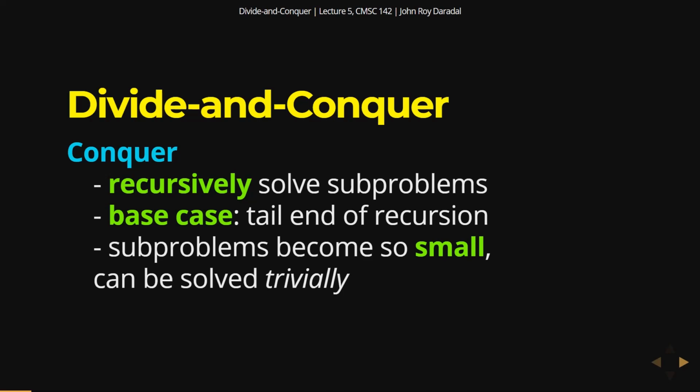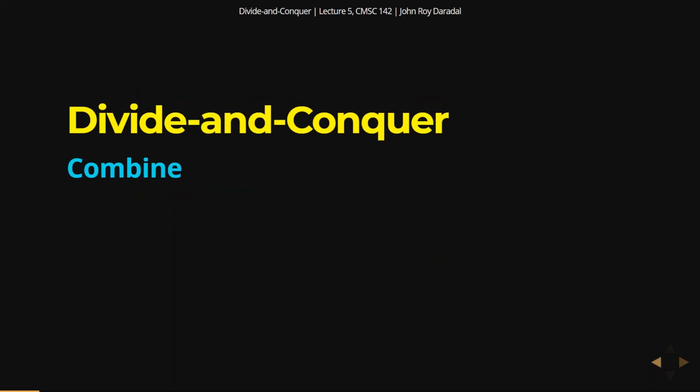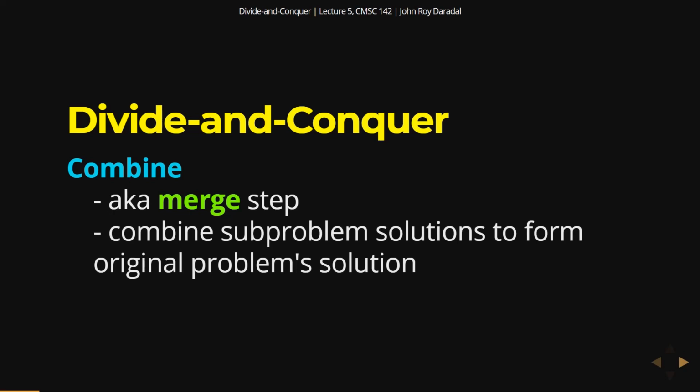Okay, so for example, if there's only one item left, then you can easily solve the problem for that one because there's only one item, right? So that's the conquer part. Okay, solving the sub-problems. And then the last part is the combine or the merge step, wherein you combine sub-problem solutions to form the original problem's solution.